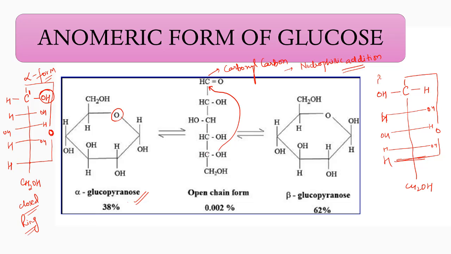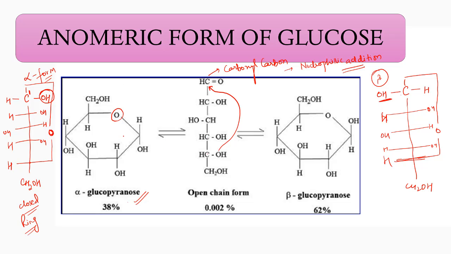So this is the beta form. So the ring forms they are categorized into two, the beta form and the alpha form. The alpha form is when the anomeric oxygen OH is on the right hand side. When the anomeric oxygen OH is on the left hand side, then it is beta form.